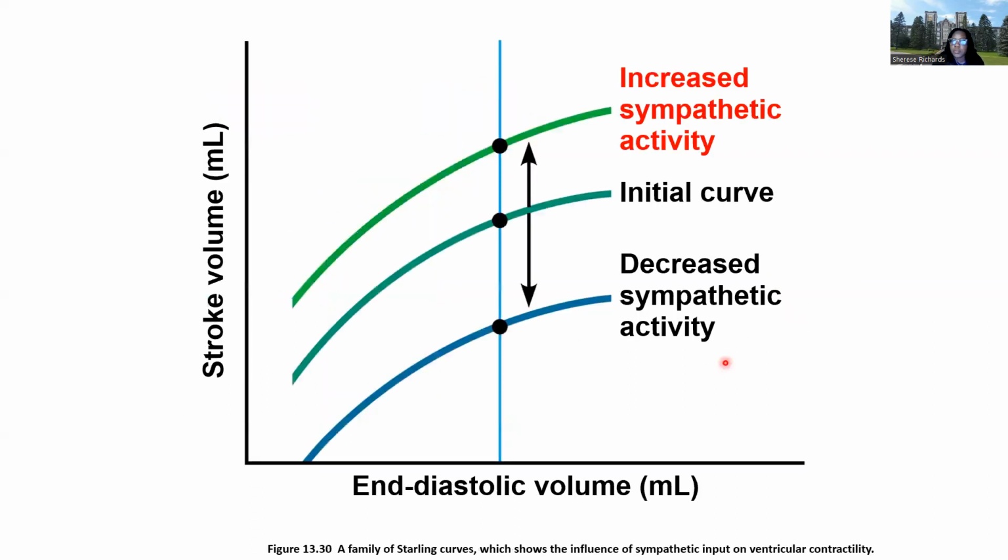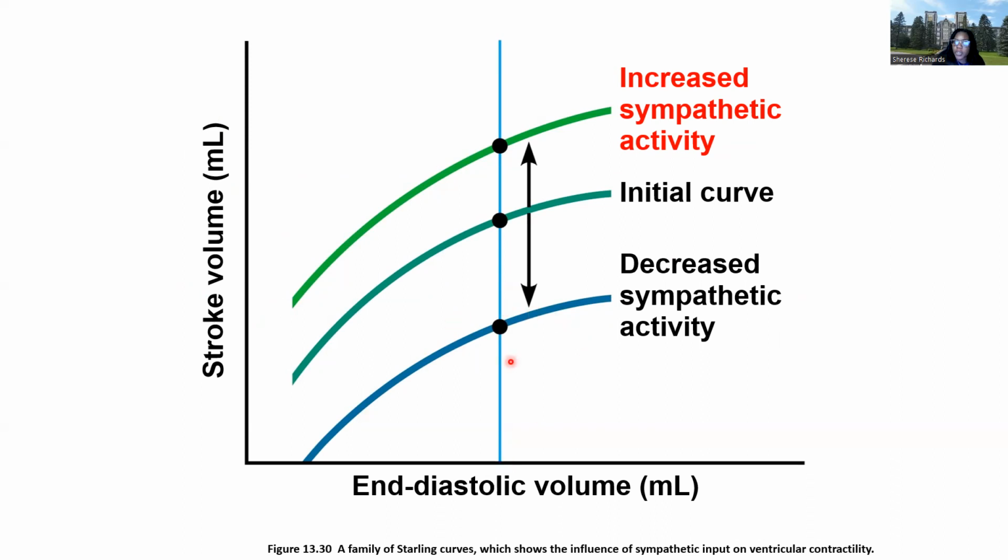Okay. And then another illustration to emphasize that. So here is our curve at rest, stroke volume versus end diastolic volume. Here is our curve if there is increased sympathetic activity, right? Much higher stroke volume for the same amount of end diastolic volume, simply because we have more of that sympathetic influence on the ventricular contractility.